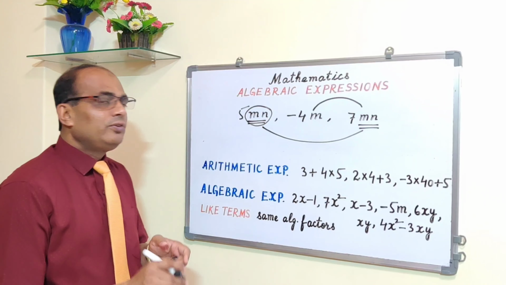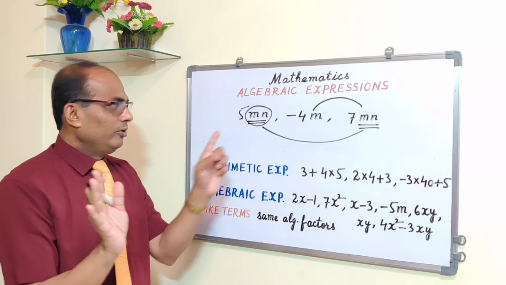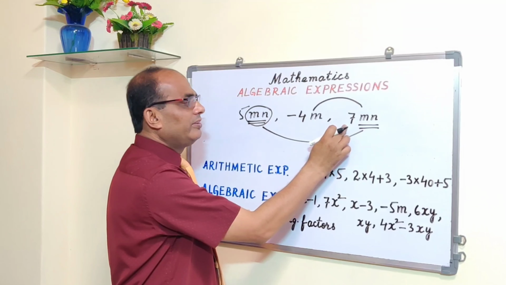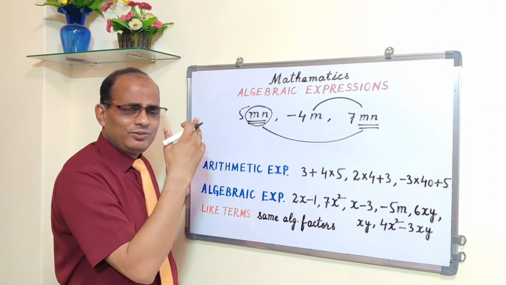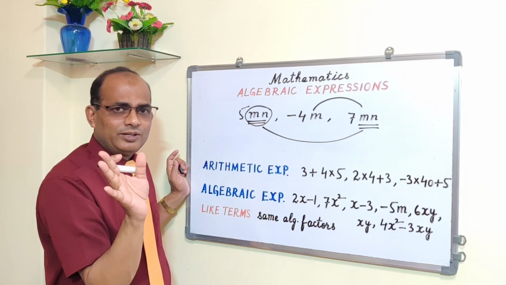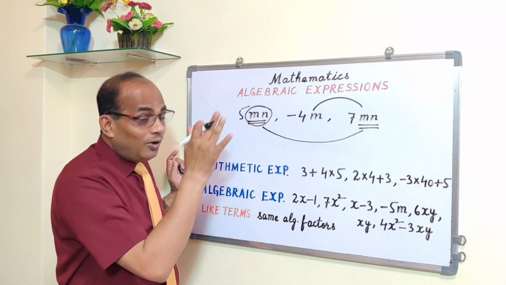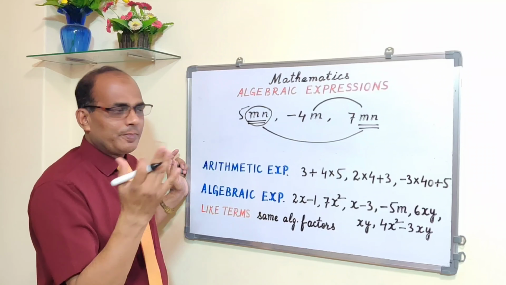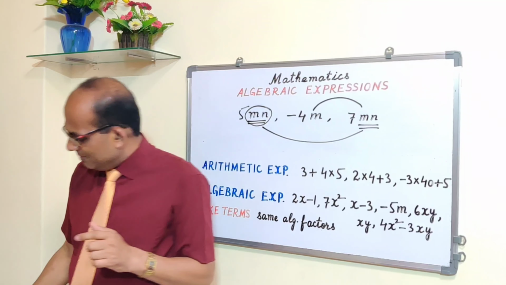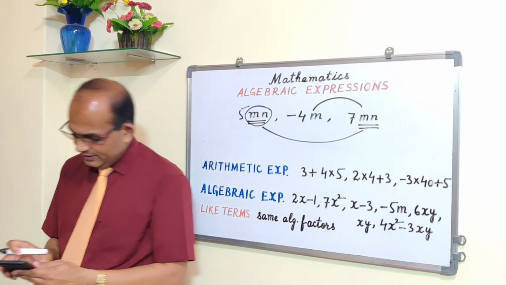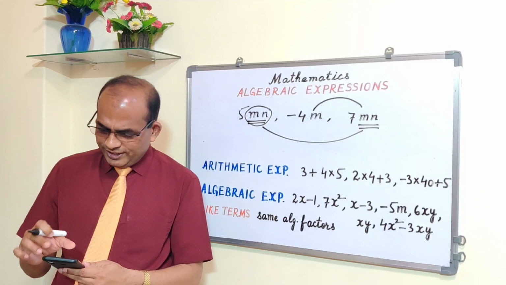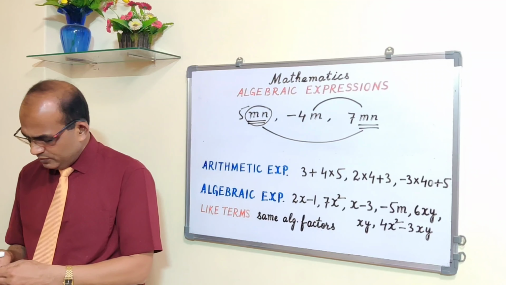Yes, these two things you don't have to see. Here the numerical coefficient is 5 and here it is 7, so we are not bothered. We don't consider that while deciding whether the terms are like or unlike. And the order in which the algebraic factors are multiplied, that also you don't have to see.